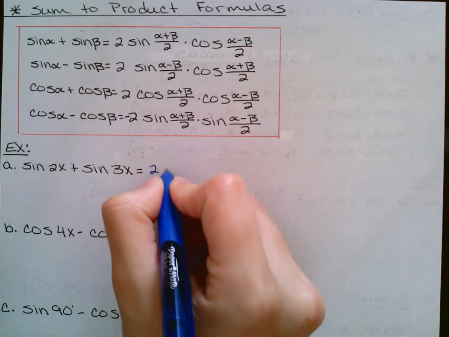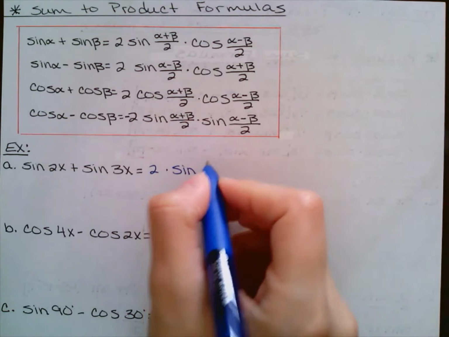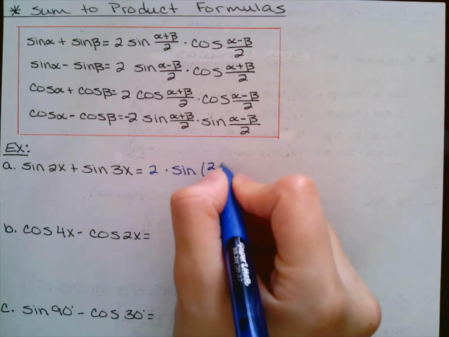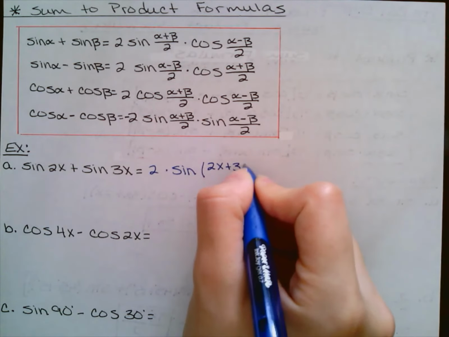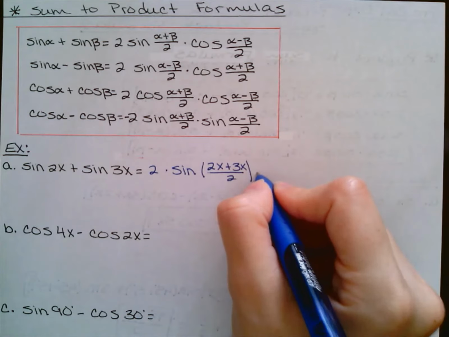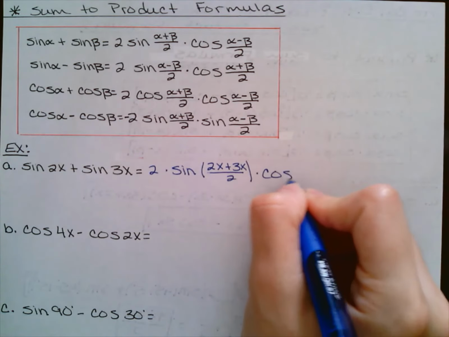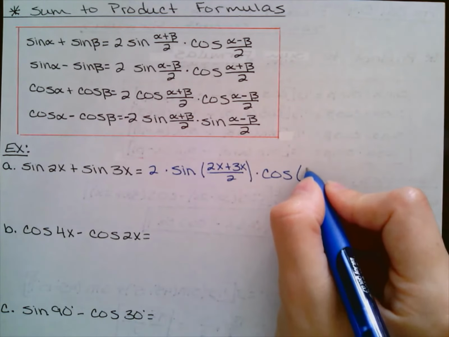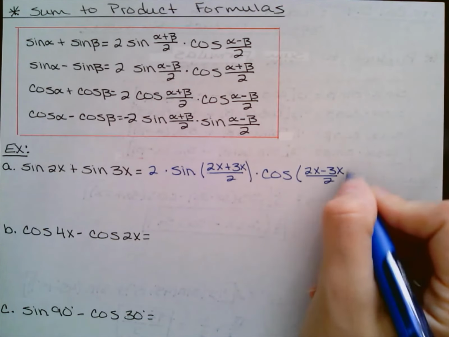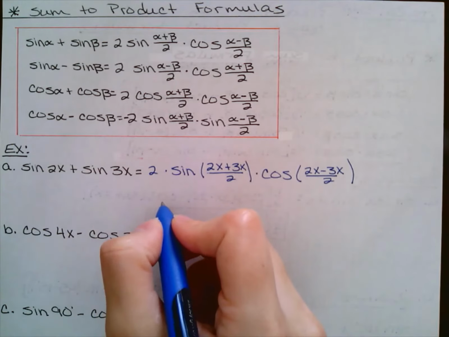I'm going to have 2 times sine of both of them being added divided by 2. So I have 2x plus 3x over 2. And then times cosine of both of them being subtracted, 2x minus 3x over 2. And now I'm just going to clean that up a bit.